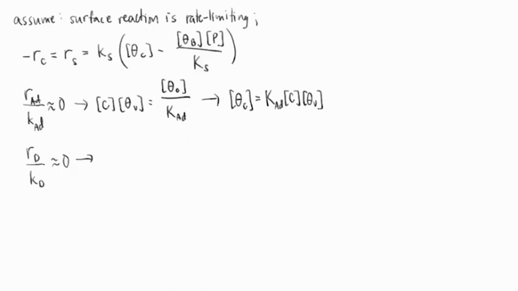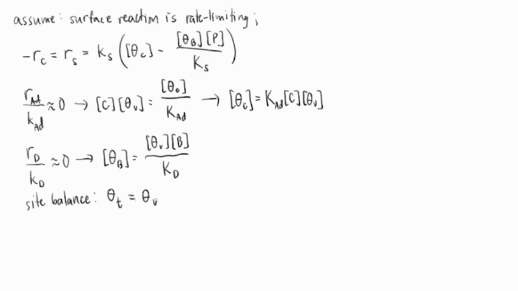This gives us the expression the concentration of the active sites containing benzene is equal to the concentration of the vacant active sites times the concentration of benzene divided by the equilibrium constant for desorption. At this point, we can now perform the site balance. Our site balance for this is theta T, or the total active sites, is equal to the vacant active sites plus those containing cumene plus those containing benzene.